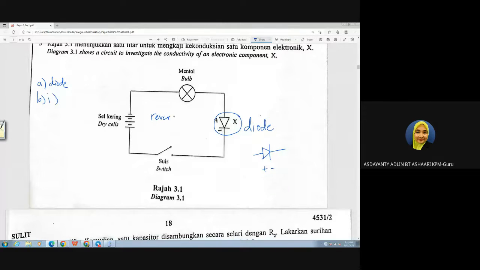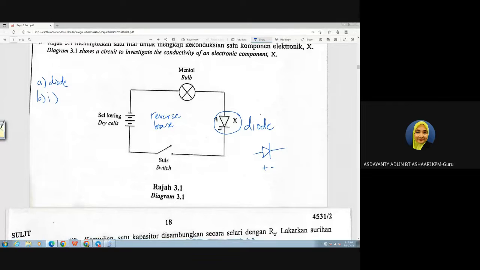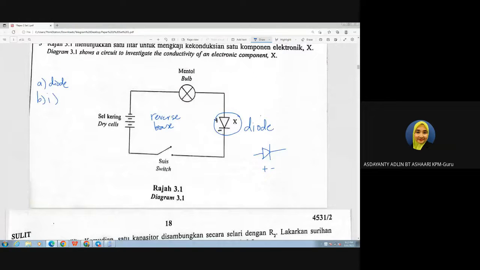So if reverse bias, the bulb will not light up. So we must make sure that the connection is in forward bias. If forward bias, the positive of the dry cell must meet with the positive of the diode. So apa kita nak bagi tahu ayat dia kat sini? B1 ni, why does the bulb not light up?